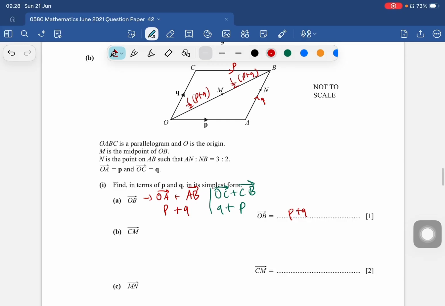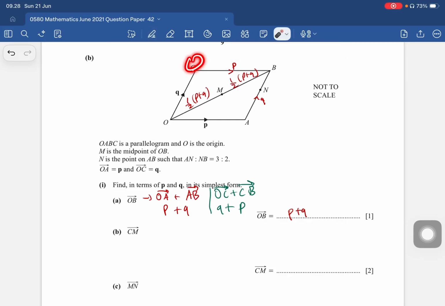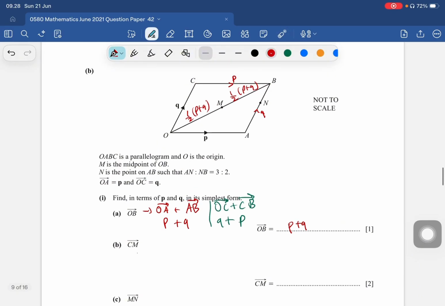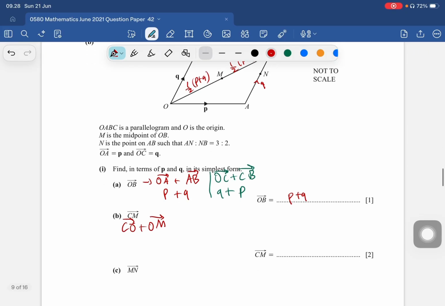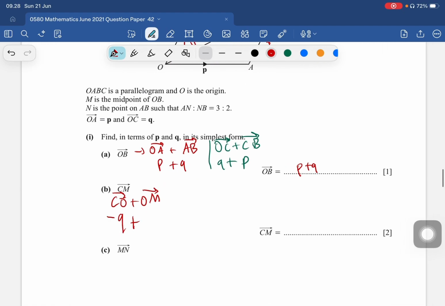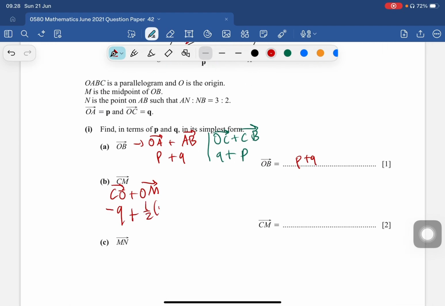Let us find CM. So CM we get C to O and O to M, or C to B and B to M. Let's use the first way. So C to O and then plus O to M. Okay, C to O, as this is reversed, the sign is going to be negative q, plus a half of p plus q.